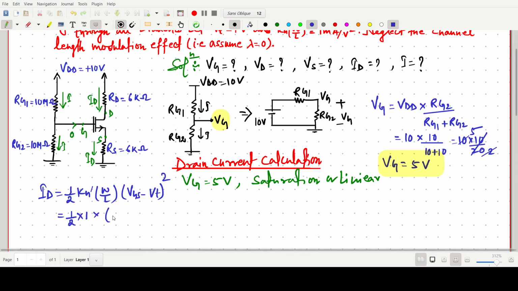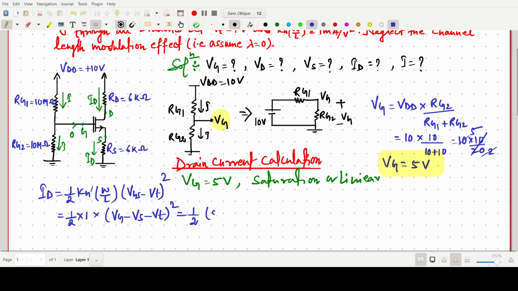So it should be Vg minus Vs minus Vt whole square. Once again, we can write this as a half. Gate voltage is now known to us, that is 5, minus Vs. Vs is not known to us. This Vs is nothing but simply ID times RS.